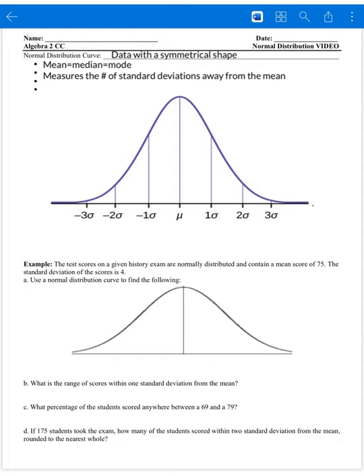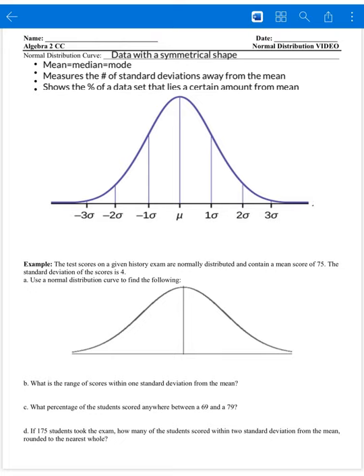Then using that, it shows the percentage of a data set that lies a certain amount from the mean.